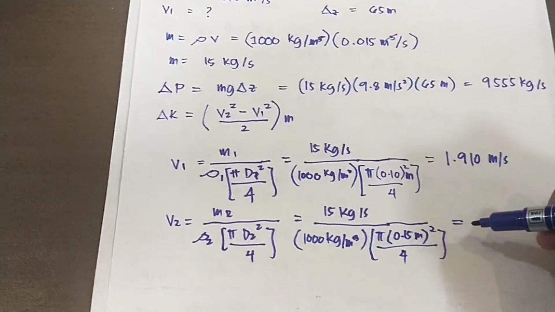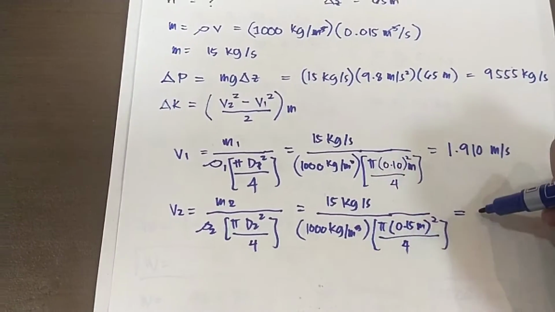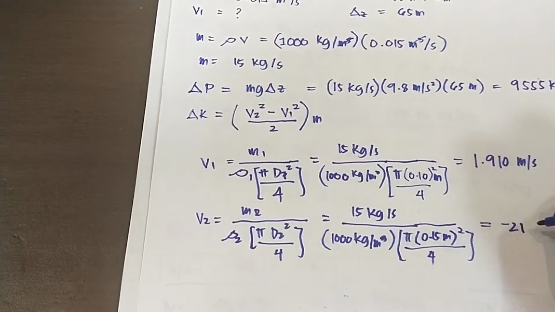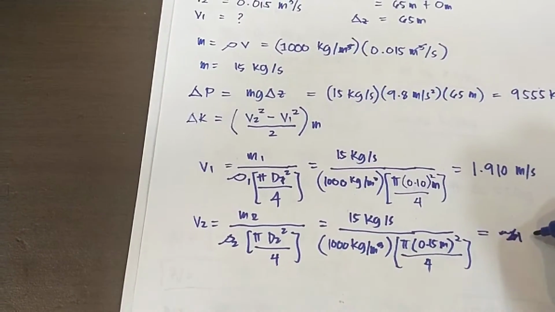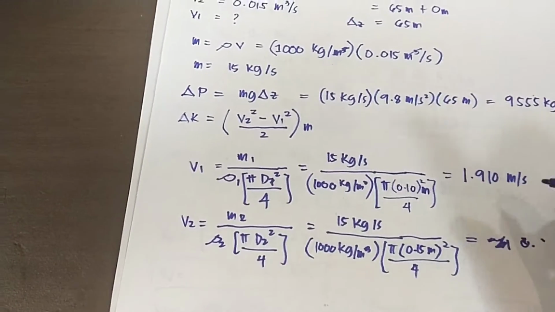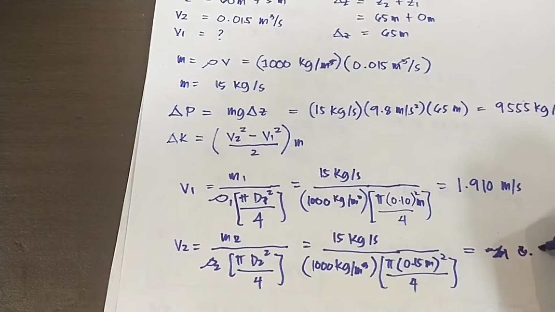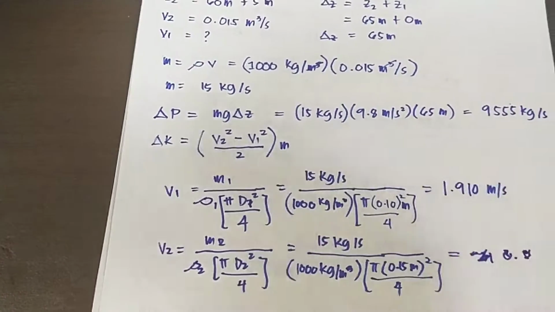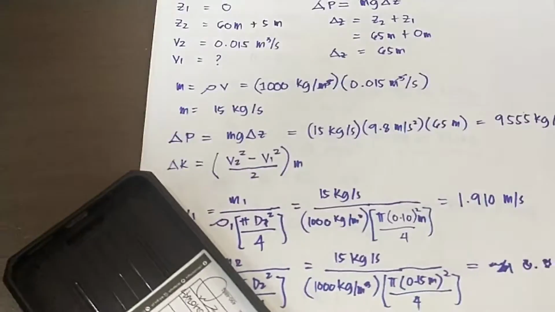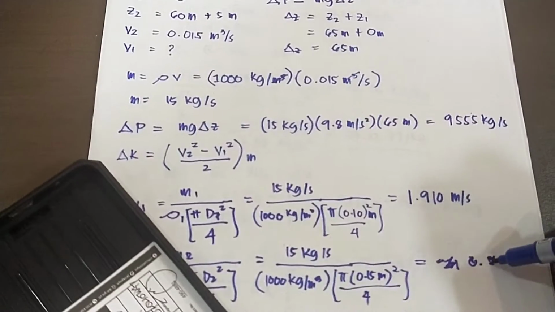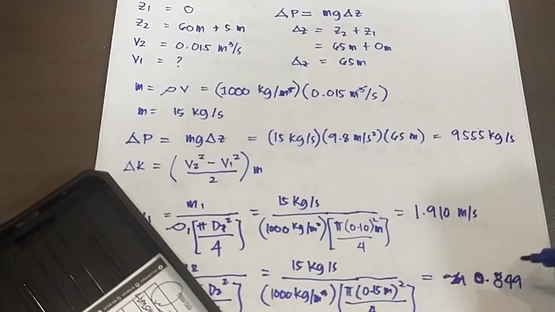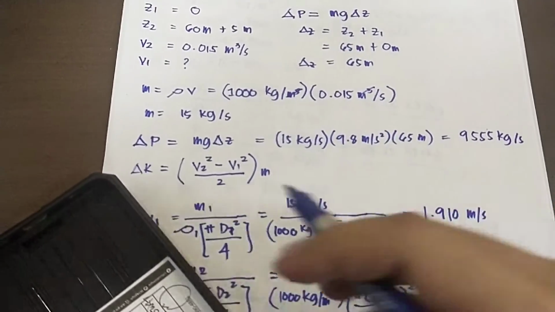So our V2 will be, sorry, 0.849 meters per second.